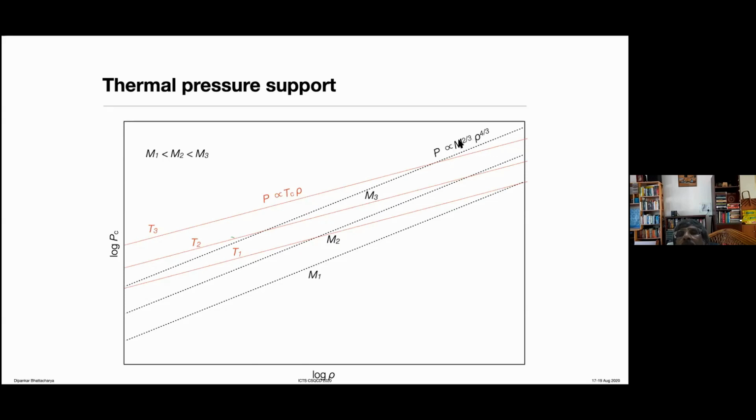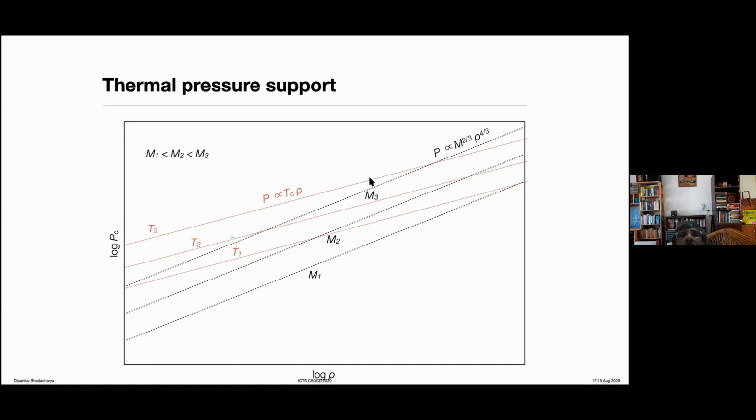So for different masses, you have these different lines, one above the other. If you increase the mass, the line keeps its slope but just keeps going up.